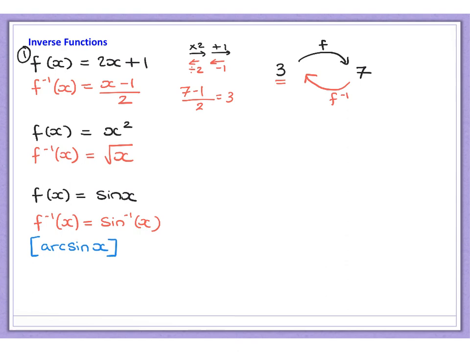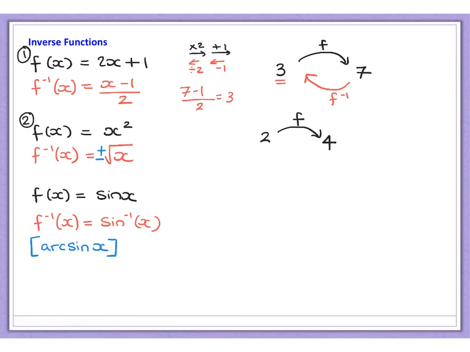Let's look at the second example. Now this one's a little bit more interesting because quite often when you're looking at the square root, unless you're very specific, we quite often define the positive and the negative root. So if I start with a value of 2 and apply the function f to it, I very simply get back to a value of 4.